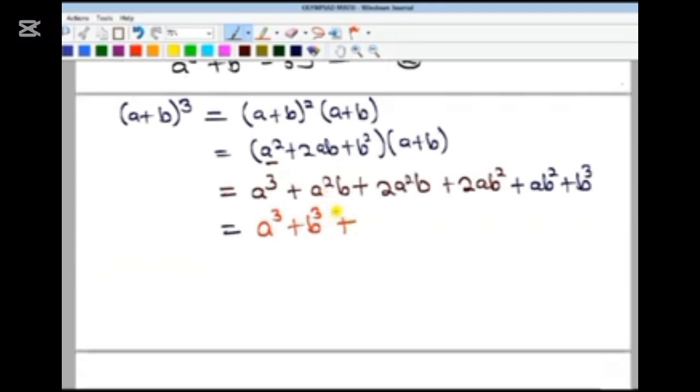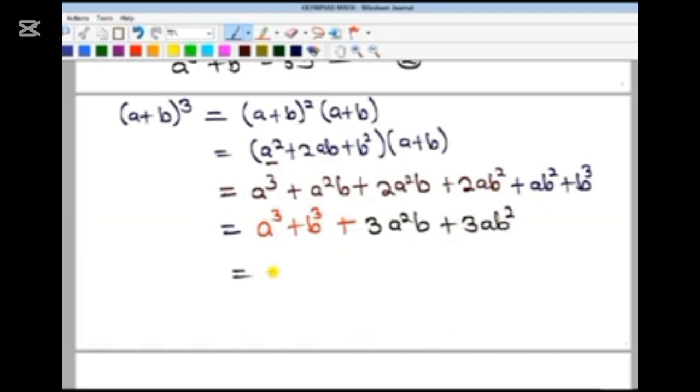Now I have a squared b and I have 2a squared b. If I join the two, I'm going to get 3a squared b, and then if I join 2ab squared and this one, I will have 3ab squared.